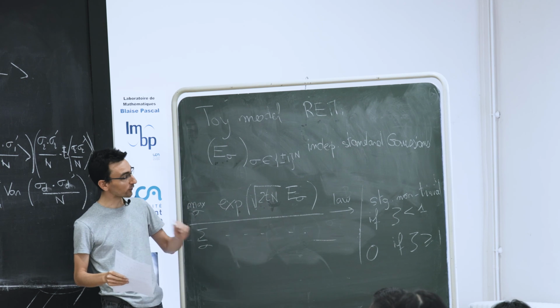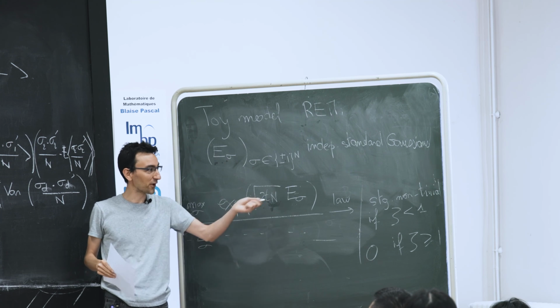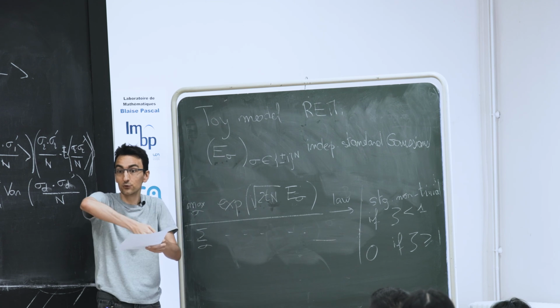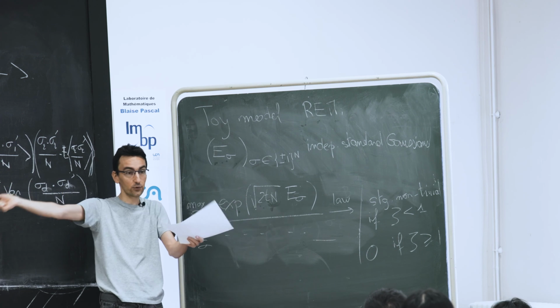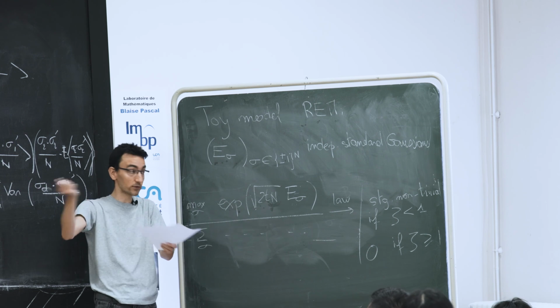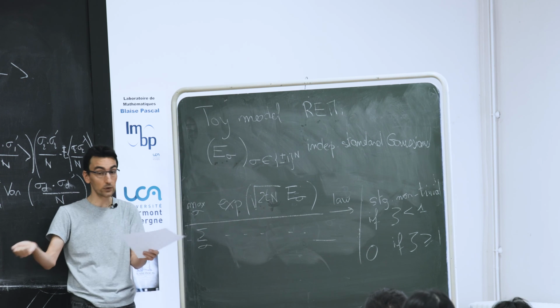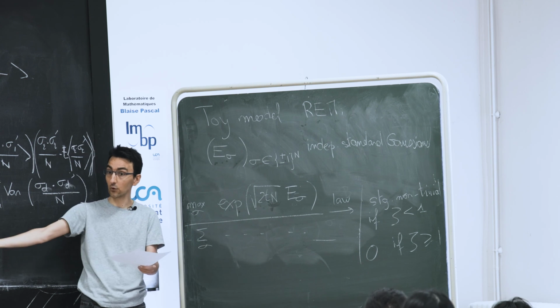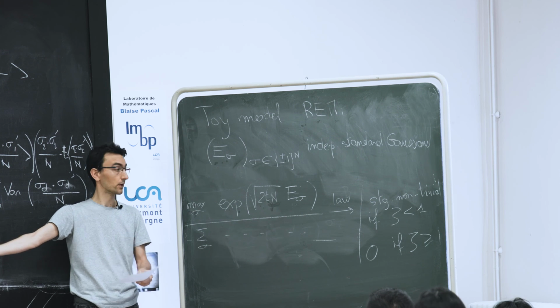But now I'm going to argue that you also have some chance to not pick the configuration of maximal energy. So sometimes it's going to be just another configuration. So the scalar product will be 0. So you see that on this toy example, as soon as zeta is smaller than 1, your scalar product will be sometimes 1, sometimes 0 with some positive probability. Does that make sense?